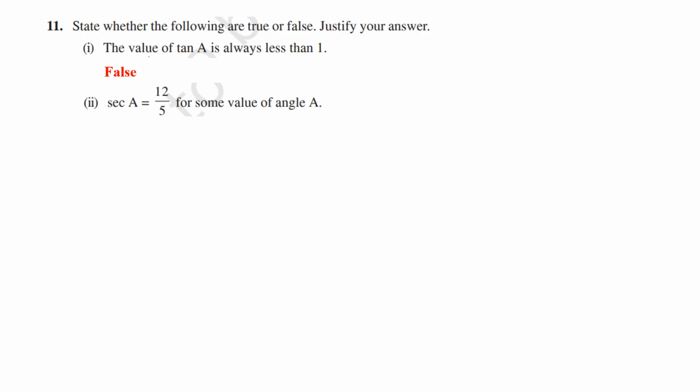Now second one, sec A equal to 12 by 5 for some angle of A. Now if you see, sec A is hypotenuse by adjacent, isn't it? And in a right angle triangle, hypotenuse is always the longest side, isn't it? So this is always greater. So it means that if numerator is greater than the denominator, we say it is an improper fraction.